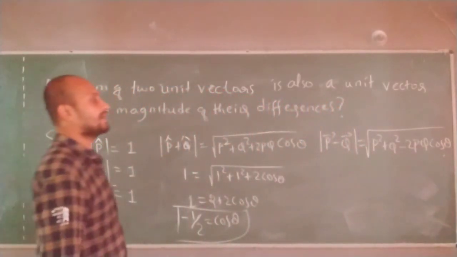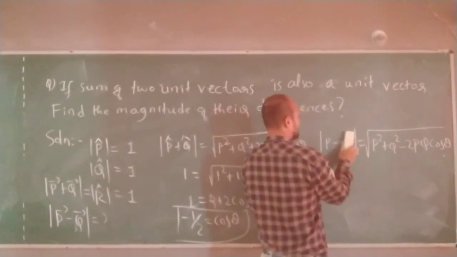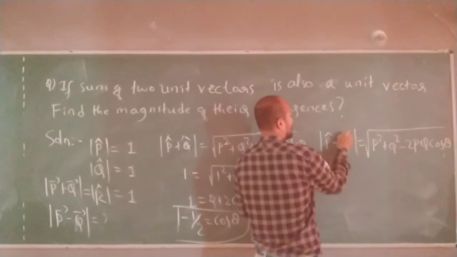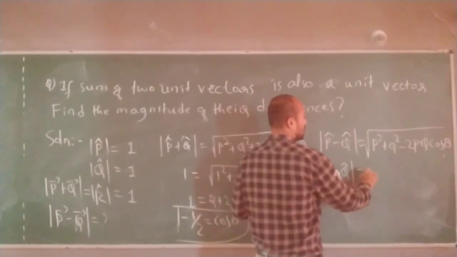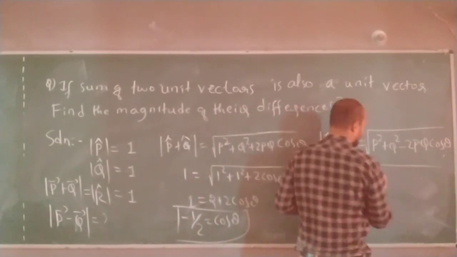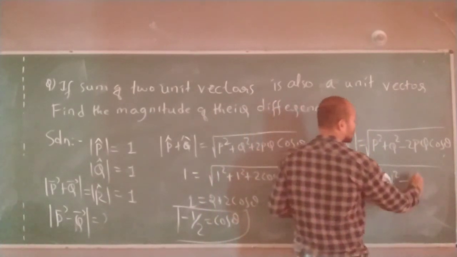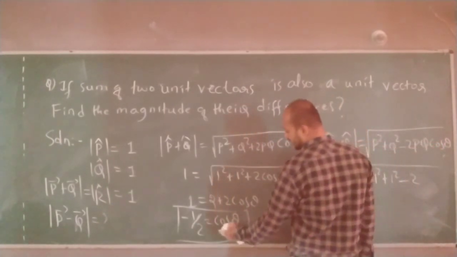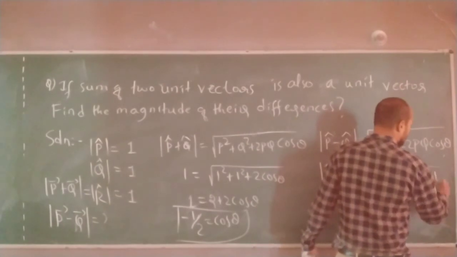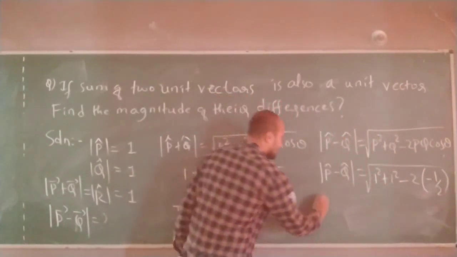So here, I must find the difference. Again, the magnitude of P minus Q will be root of 1 square plus 1 square minus 2 into 1 into 1 into cos theta. What is the value of cos theta? Minus 1 by 2. Got it now?